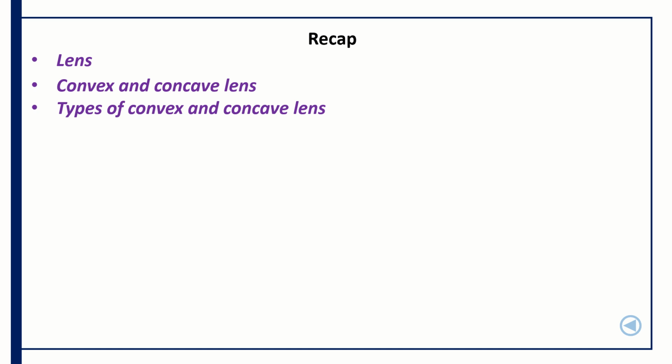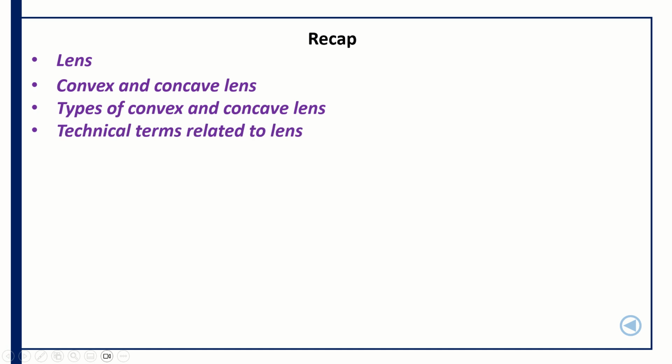There are many different types of convex and concave lenses that we also learned in our previous class, like biconcave lens, biconvex lens, plano-convex lens and plano-concave lens, concavo-convex lens and convexo-concave lens. And we learnt the structure of the different types of lenses.